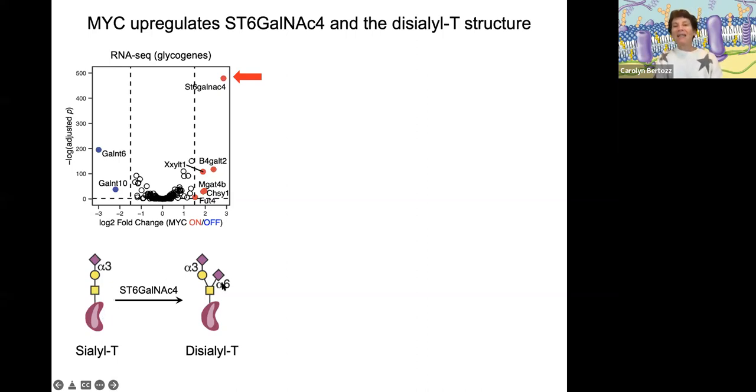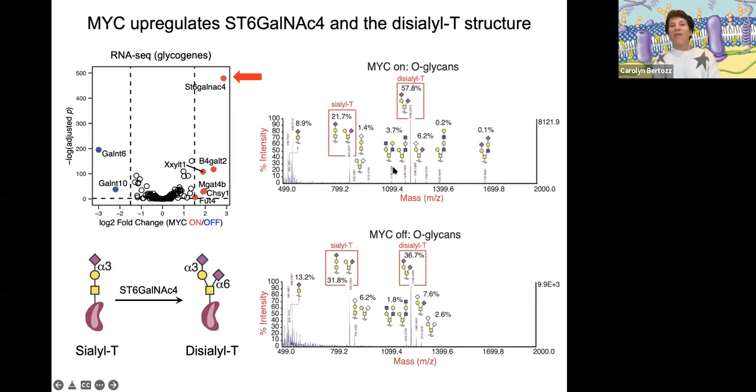But this disialyl structure is much more rare, and you would only be able to make this structure if this trisaccharide can be sialylated at the 6th position by an enzyme like ST6 GalNAc4. And sure enough, when we did the mass spec glycomic analysis to look at the O glycans in the MYC on versus MYC off state, we found that when MYC is on, the disialyl T structure is actually the predominant O glycan structure on this cell type.